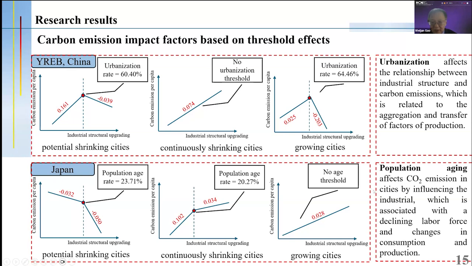The promotion effect of industrial structure upgrade on carbon emission is not very strong. You can see this line is flat. It means carbon emission will change very little even as the industrial structure changes.